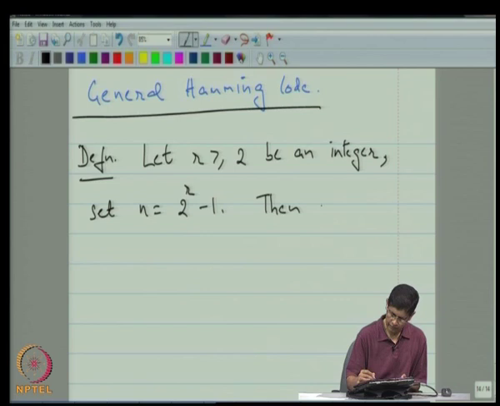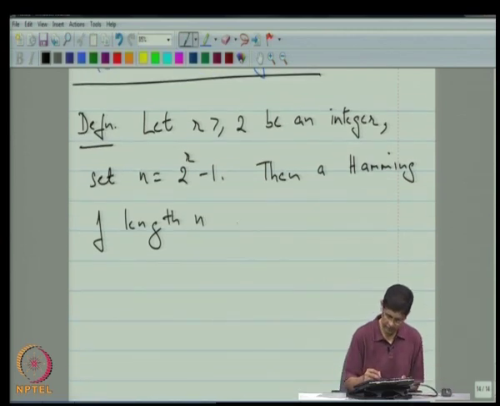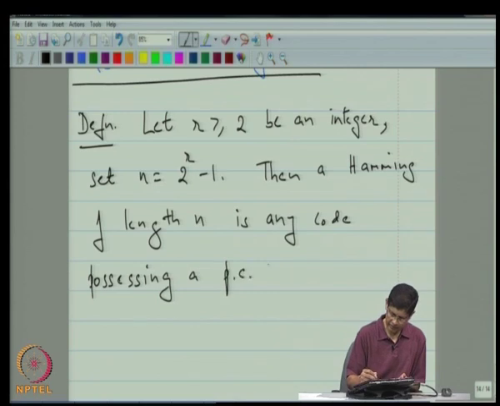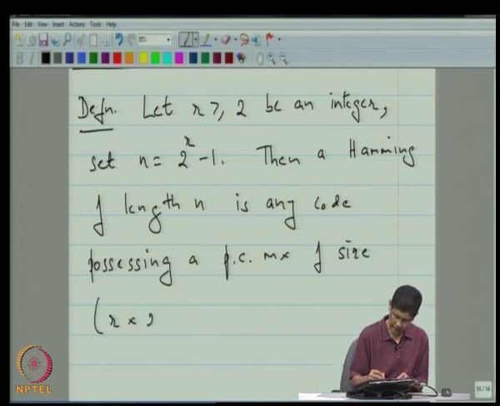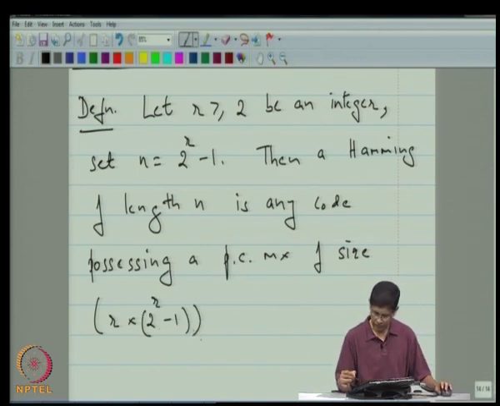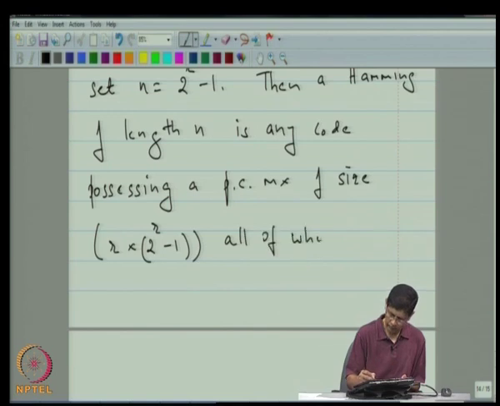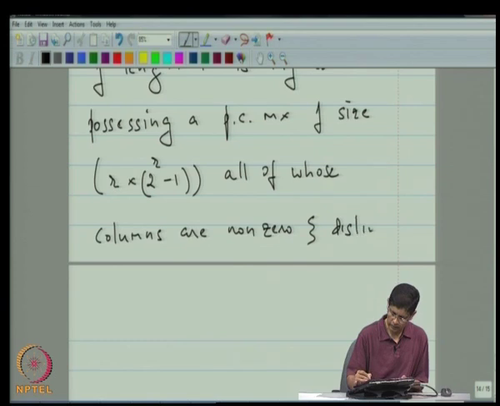Then a Hamming code of length n is any code possessing a parity check matrix of size r by 2 to the r minus 1, all of whose columns are non-zero and distinct.